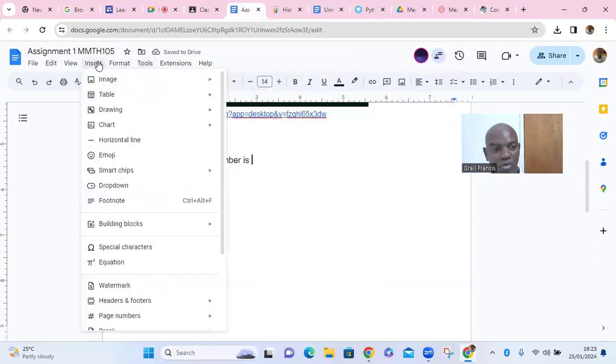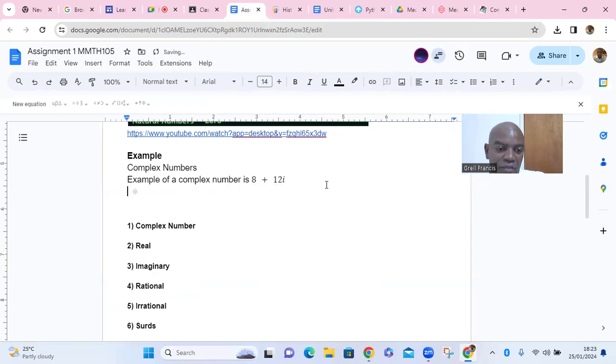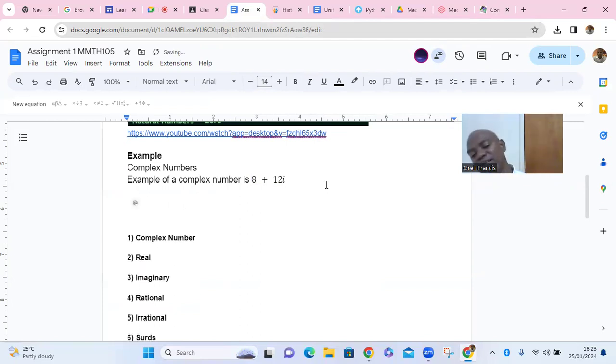If you're using Google Docs, you can go to Insert and then Equations. And if you type it, it will put the letters in italics. That's like the standard for mathematics. Letters are normally written in italics when they are variables. And a brief explanation, you can explain your complex number. Okay, a brief explanation.